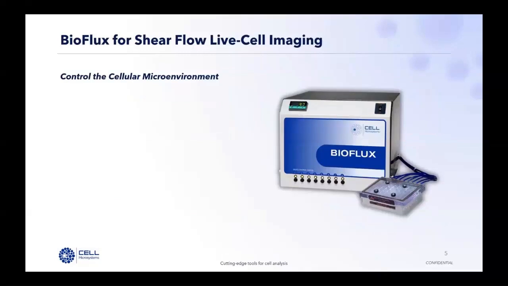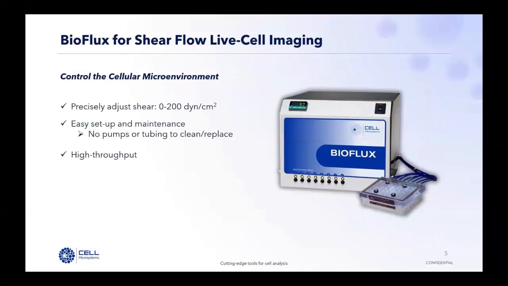It combines pneumatics, microfluidics, and live imaging to deliver precise shear flow up to 200 dynes per centimeter squared in a low maintenance format and at high throughput, while offering temperature control and gas regulation to facilitate the maintenance of physiological conditions.